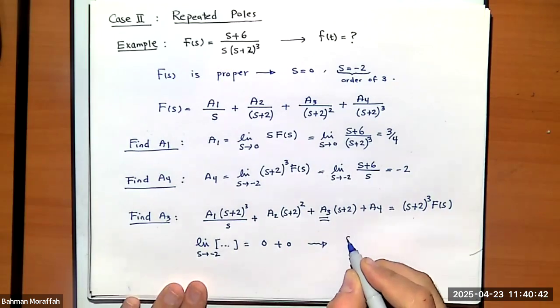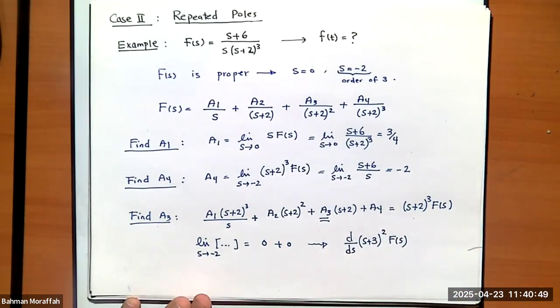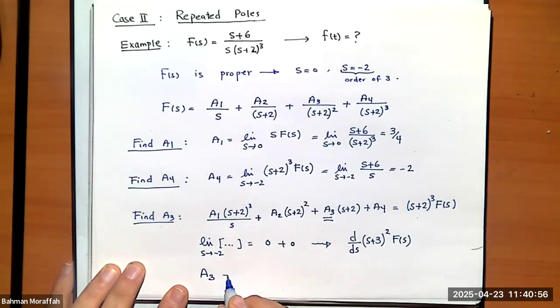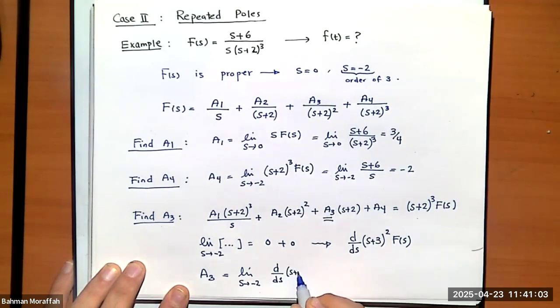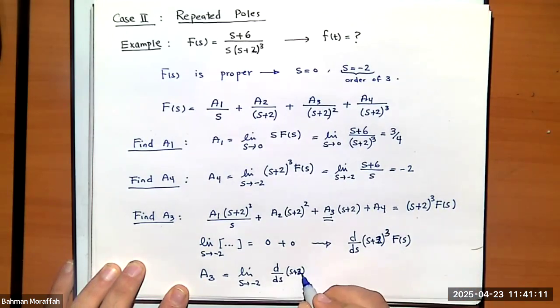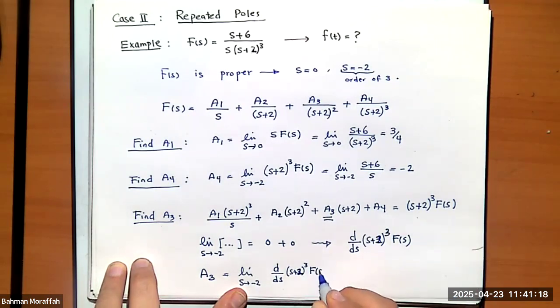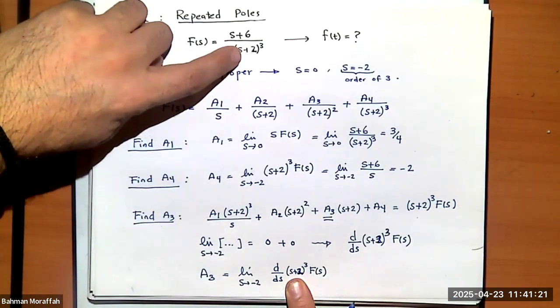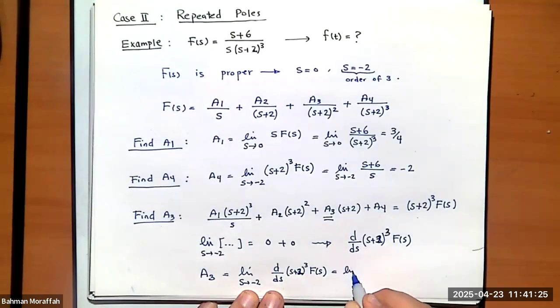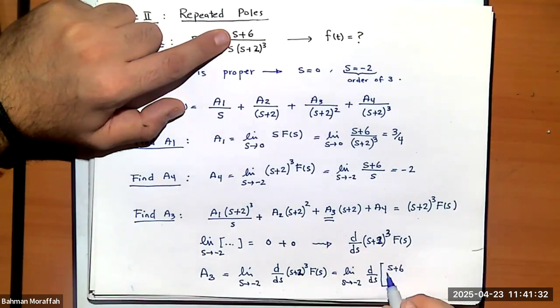So A3 is the limit as s goes to -2 of d/ds of (s+2)^3 times f(s). The (s+2)^3 cancels, so I get the limit as s goes to -2 of the derivative of (s+6)/s.